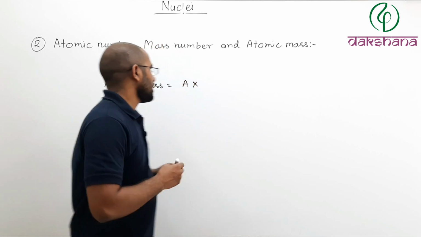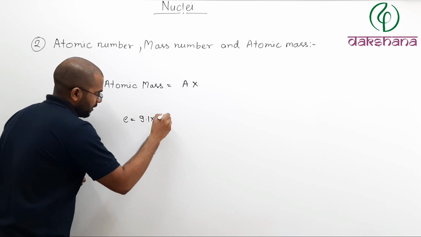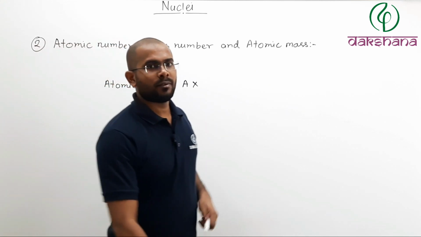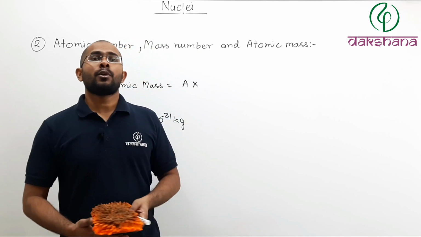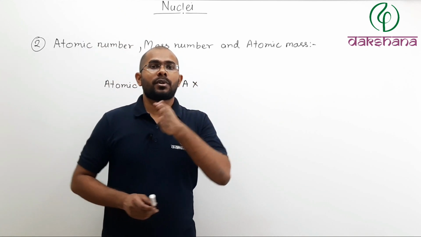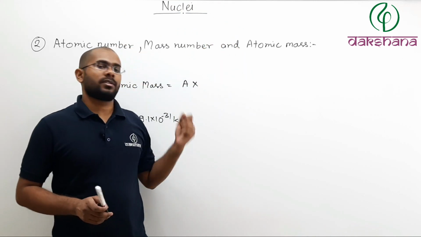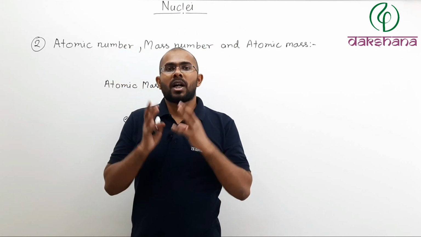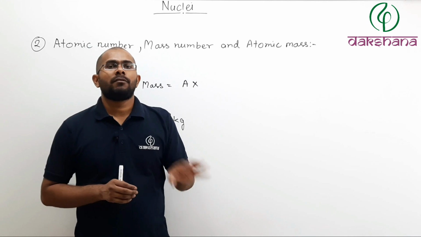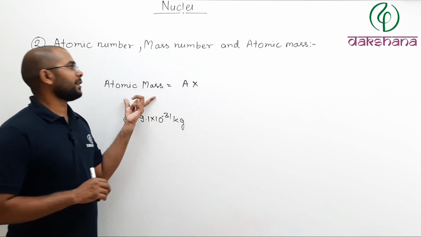If you remember, the mass of an electron is 9.1 into 10 to the power minus 31 kg, and the mass of a proton is 1.67 into 10 to the power minus 27 kg. So the masses of protons and neutrons are 10 to the power 4 times greater than the mass of electrons. So, when we talk about the total mass of an atom, the mass of electrons is so negligible that we generally ignore it while calculating atomic mass.